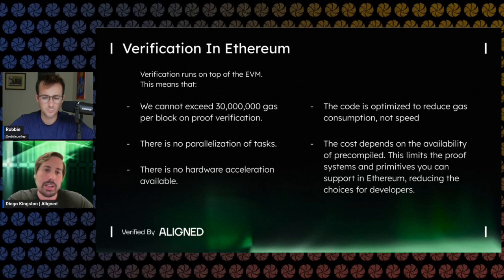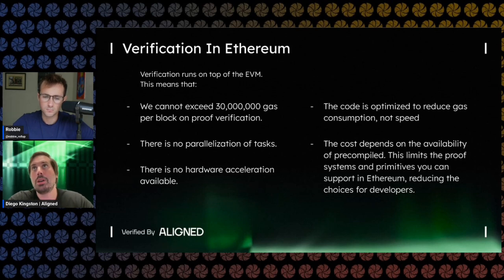Then, of course, another thing that we have is that we have to optimize the code for verification for gas consumption, because that's the relevant metric here, not speed. Going faster isn't going to make more proofs fit into a block. And then the other problem is that the cost depends on the availability of precompiled contracts. So there are some operations that cost less because you have these precompiles.